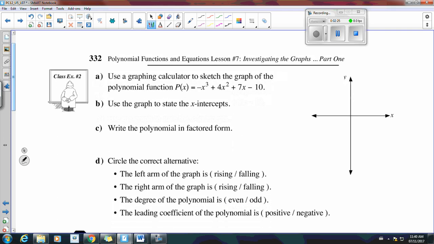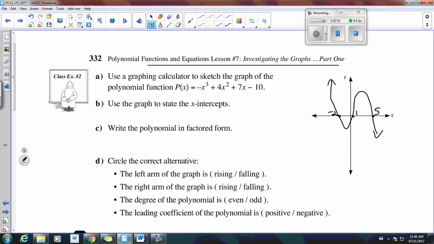Example 2, using a graphing calculator to sketch the graph of the polynomial function p of x equals -x cubed plus 4x squared plus 7x minus 10. So when you graph it, it looks something like this. It has x-intercepts -2, 1, and 5.